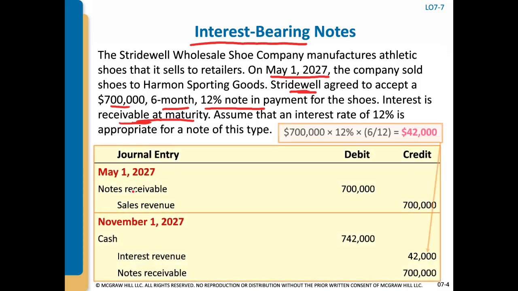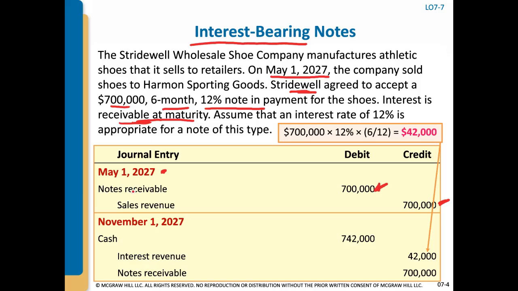So how do we record that? Well, on May 1st, when we initially enter into the agreement, we made $700,000 of sales. We provided $700,000 of goods, I'm assuming it's shoes, to our customer, and our customer signed a note, and now we have a note receivable for $700,000.